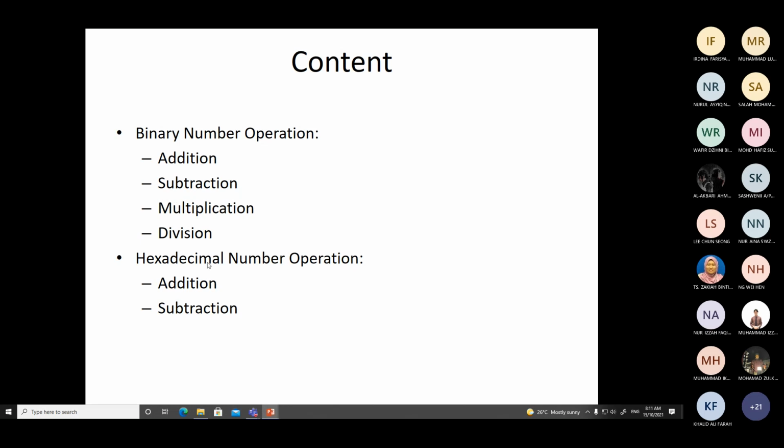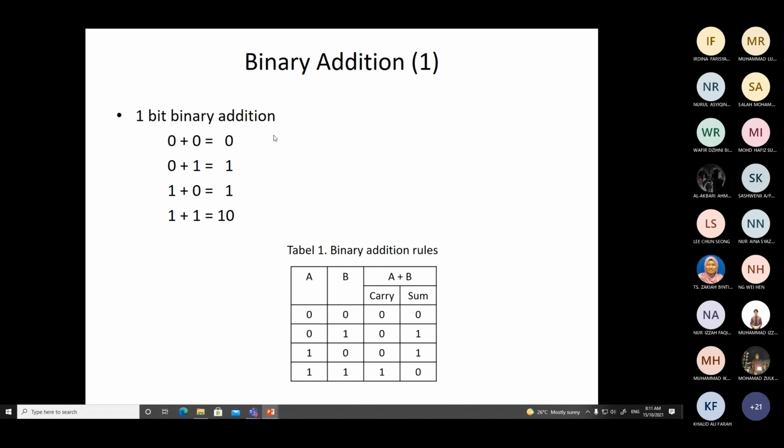And then for hexadecimal number operation, you will learn about addition and subtraction. It's going to be just very few slides, but a lot of exercises that need to be done.